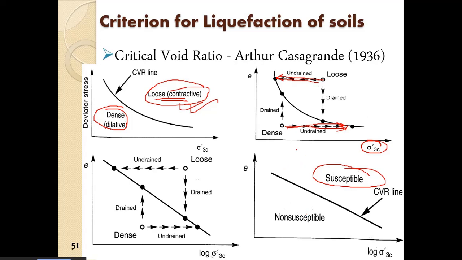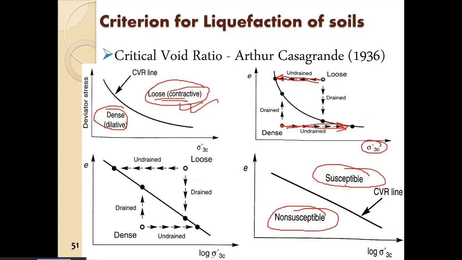So what will happen is that due to undrained loading in dense sand, the soil will increase its shearing resistance, so it will remain non-susceptible to liquefaction.